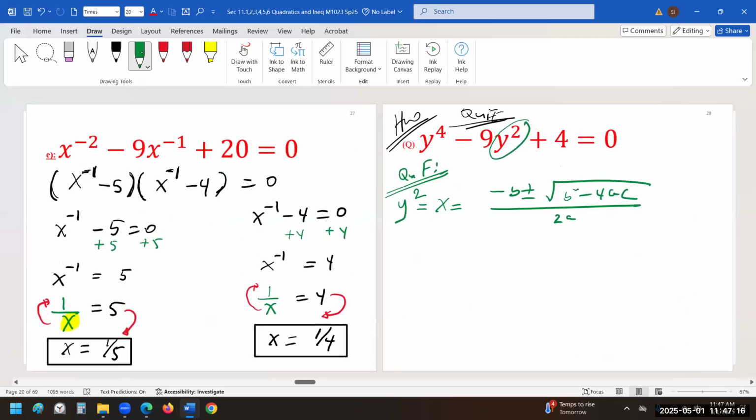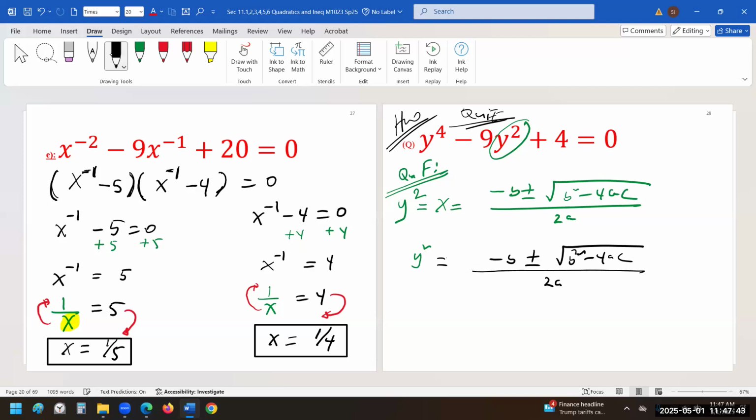So here, when you try to use the quadratic formula, instead of x, your variable should be the middle one, y squared. But why? So y squared equals negative b plus minus square root of b squared minus 4ac, the whole thing over 2a.